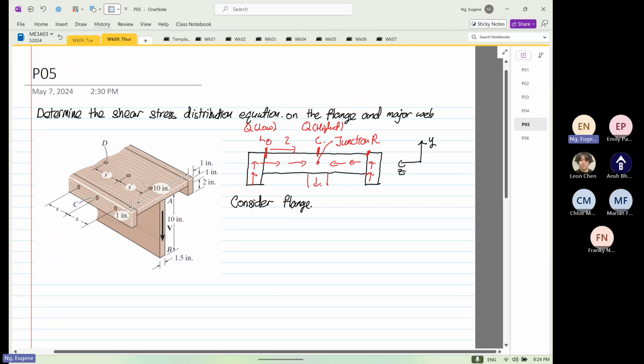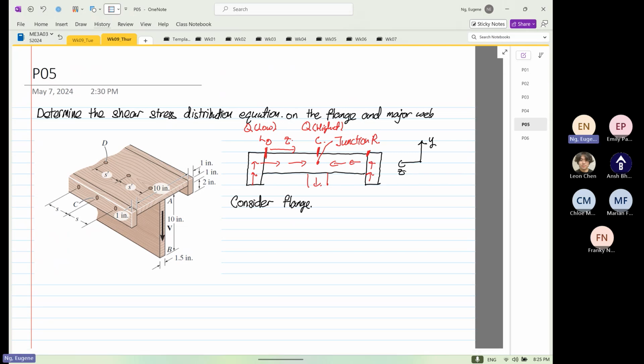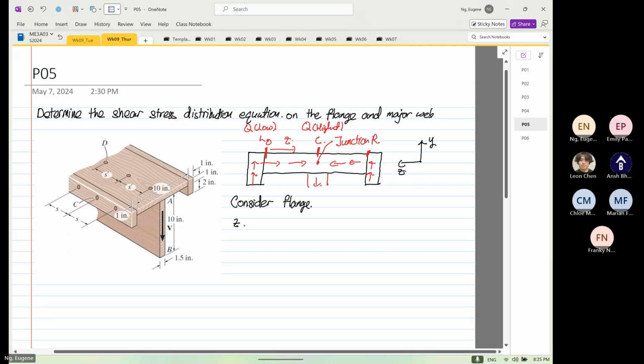The function will be a function of Z. The Z variable will start from the low Q to high Q value. Q means your first moment of area.